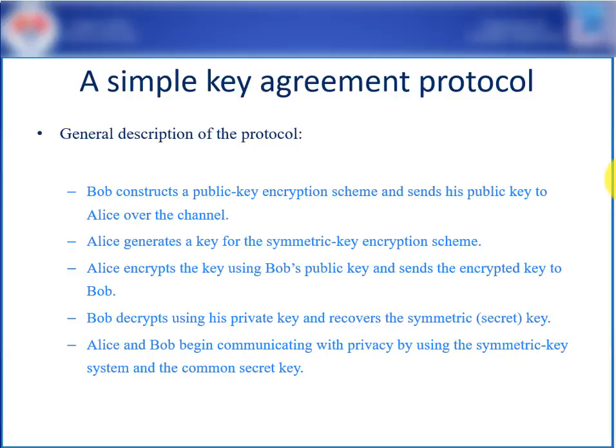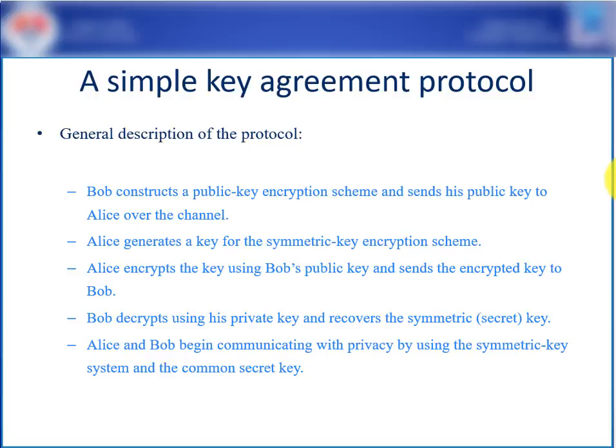First, Bob constructs a public key encryption scheme and sends his public key to Alice over the unsecure channel. Alice generates a key for a symmetric key encryption scheme, and then she encrypts this key using Bob's public key and sends the encrypted key to Bob.